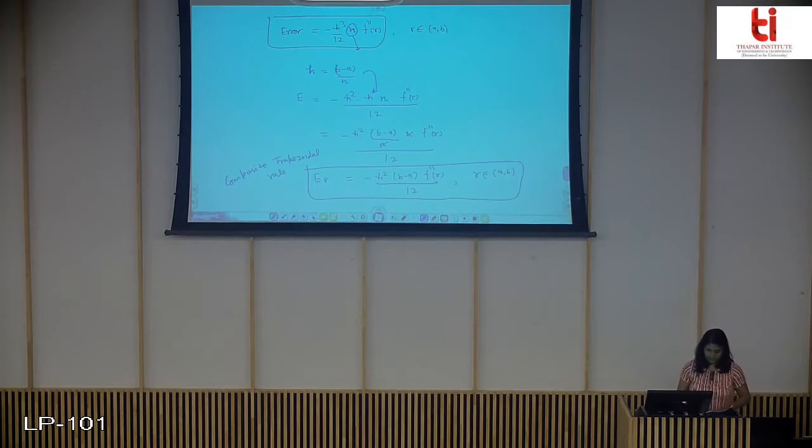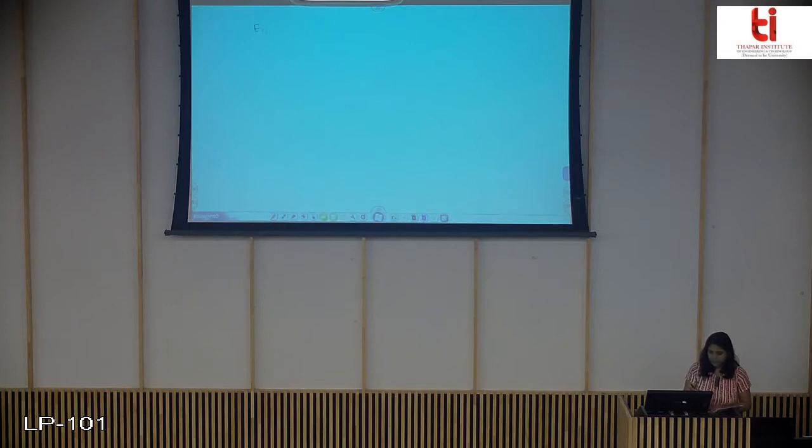Okay. Next is the error formula in Simpson one-third rule. Let's recall the formula of error in Simpson one-third rule. It is minus h5 upon 90 times the fourth derivative. Since we are taking each subinterval, i equal to 1 to n.